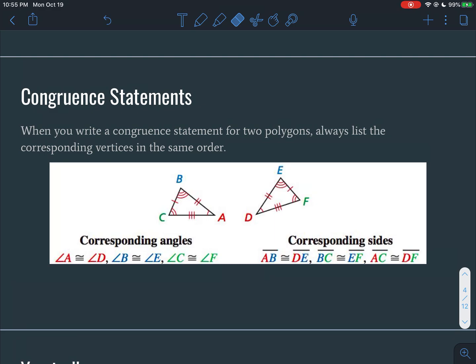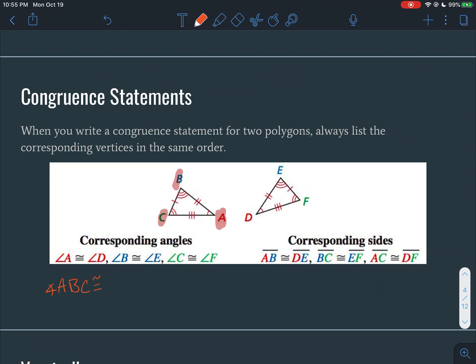When you are naming two congruent figures, when you write a congruent statement for two polygons, always list the corresponding vertices in the same order. So for the first triangle, it doesn't matter. I could say triangle ABC.